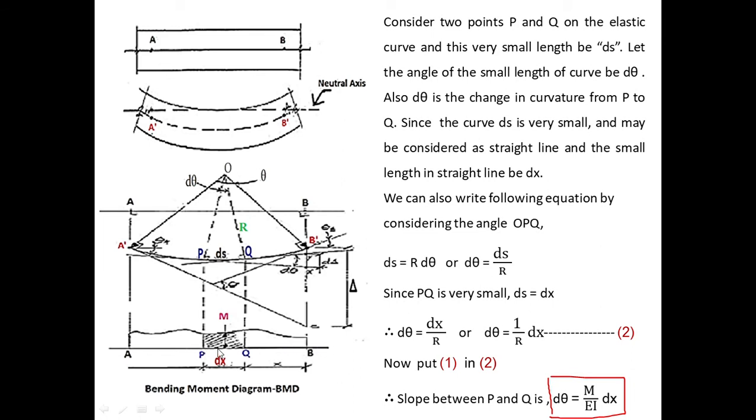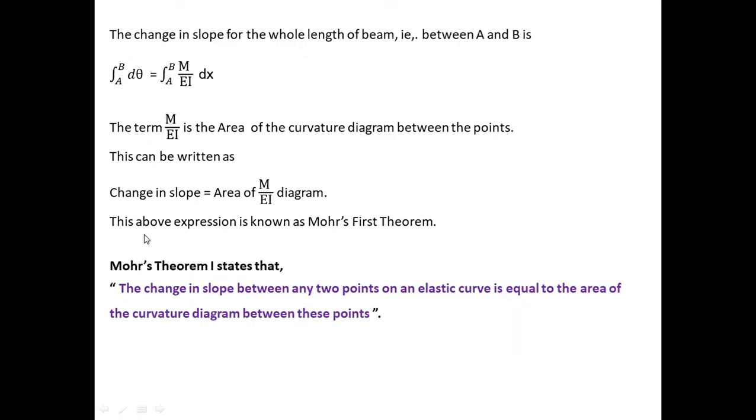If you know the area of this diagram, that will be equal to the change in slope between these 2 points. This is Mohr's theorem 1, right? Change in slope is nothing but the area of the M by EI diagram. This is known as Mohr's first theorem.